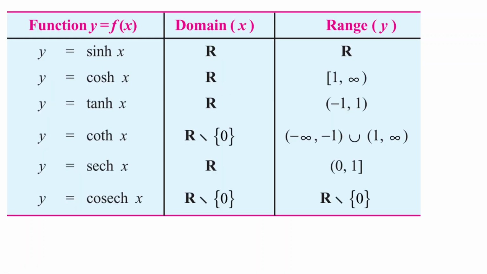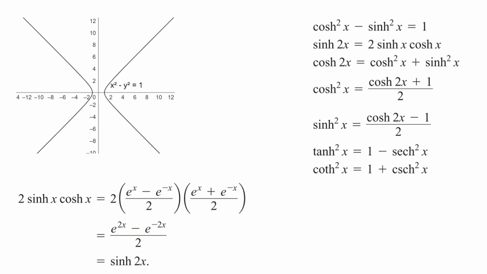Now, why are these called hyperbolic functions? Trigonometric functions, sin theta, cos theta, etc. What is this point? We can depict it as cos theta, comma sin theta. If the radius is R, then this becomes R cos theta, R sin theta.